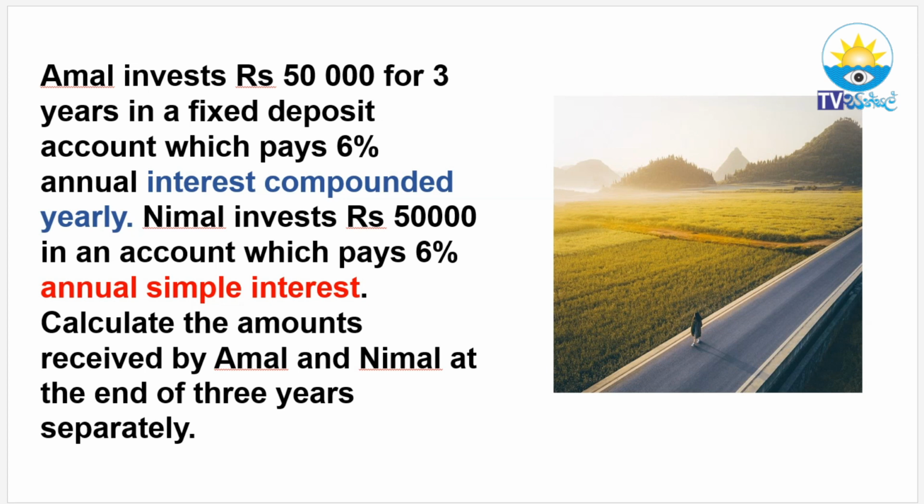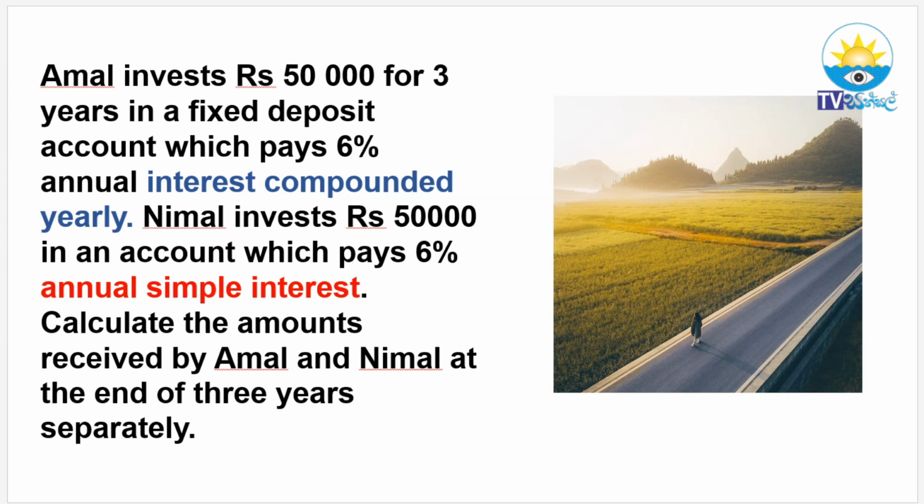Nimal invests 50,000 rupees in an account which pays 6% annual simple interest. Calculate the amounts received by Amal and Nimal at the end of 3 years separately.